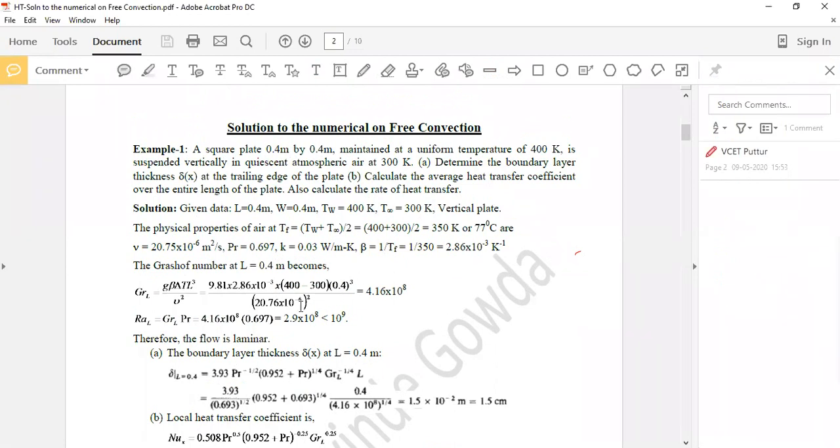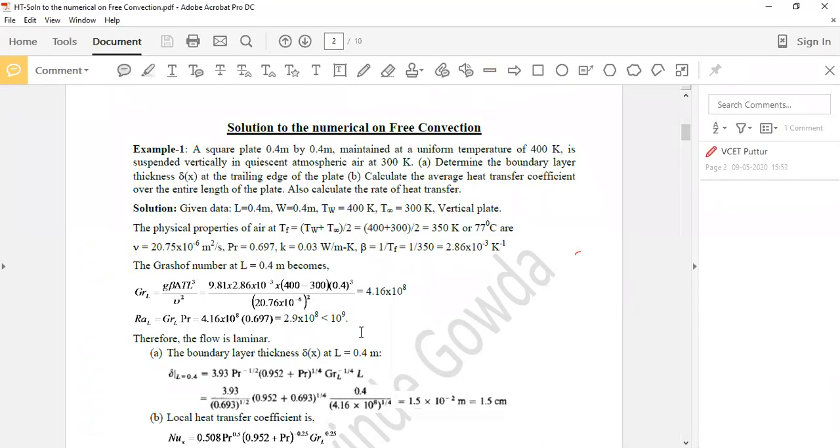Later, you have to find out the Grashof number and the Prandtl number. That is the product of Grashof number and Prandtl number is Rayleigh's number. And depending on the magnitude of Rayleigh's number, you have to decide whether flow in the boundary layer is laminar or turbulent, particularly for the vertical surfaces.